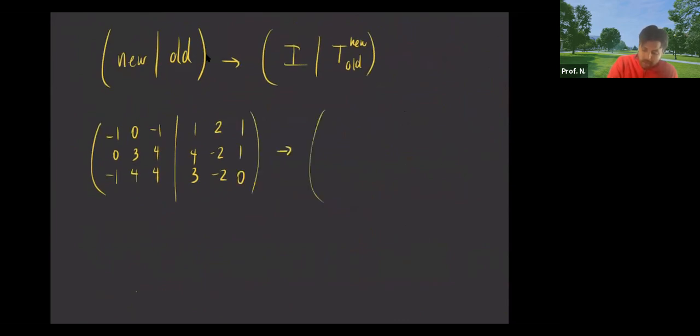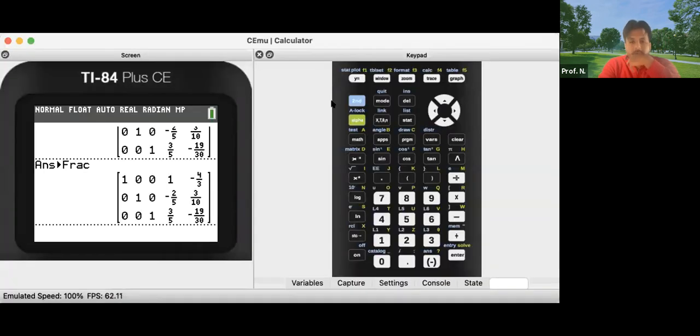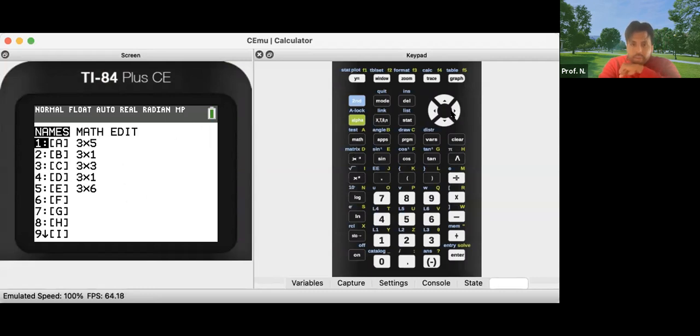If I do this, I'll get the identity here. And then what would I get over there? So let me bring out my calculator. Instead of having a 3 by 5, I'm going to have a 3 by 6.